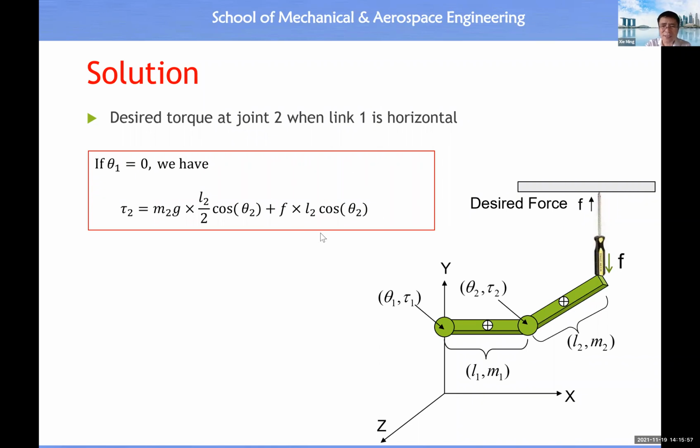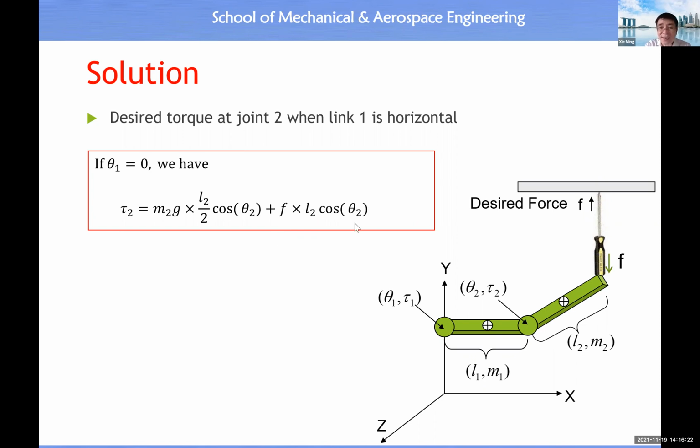So we just add in this extra torque due to this reacting force. This reacting force will have a moment arm equal to L1 plus L2 times cosine theta 2. For joint 2, the moment arm of F is equal to L2 times cosine theta 2.